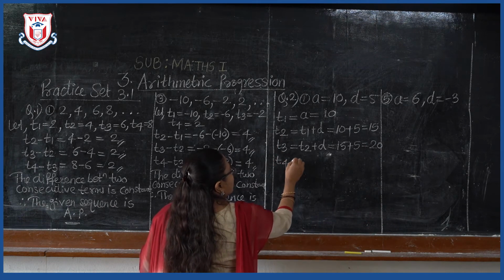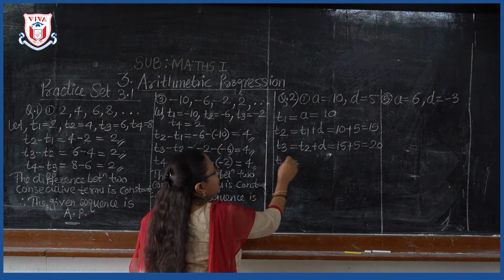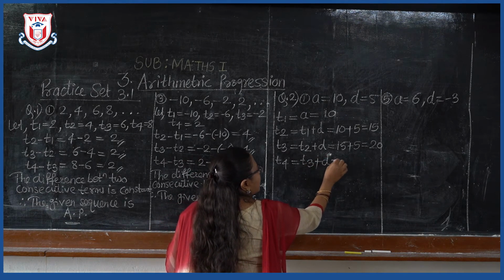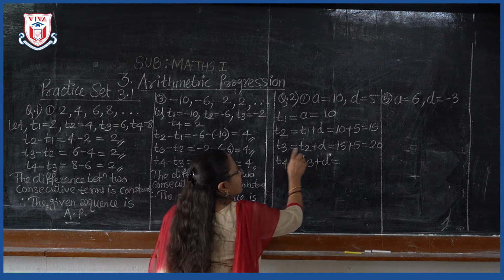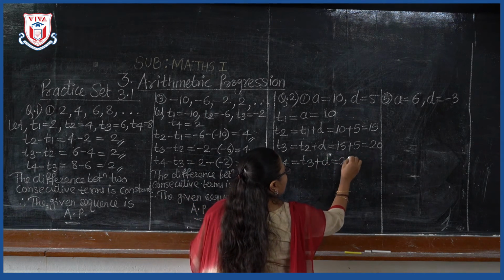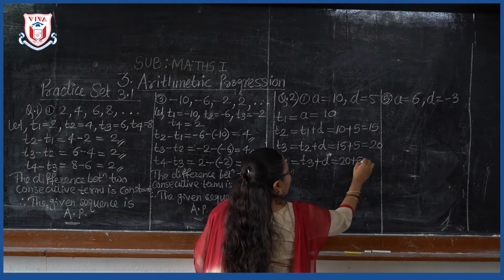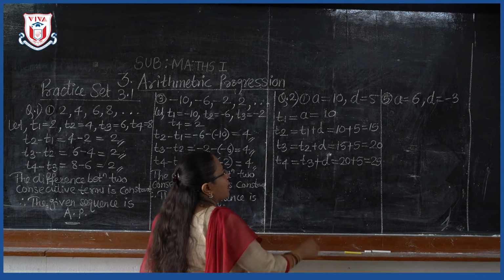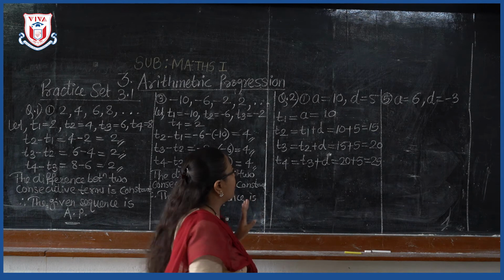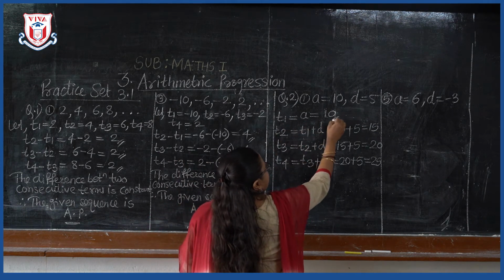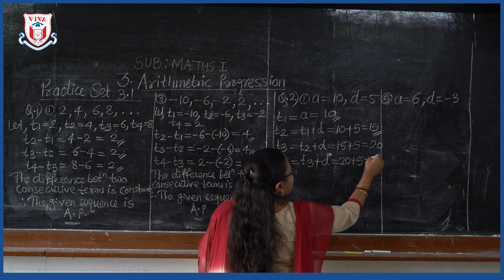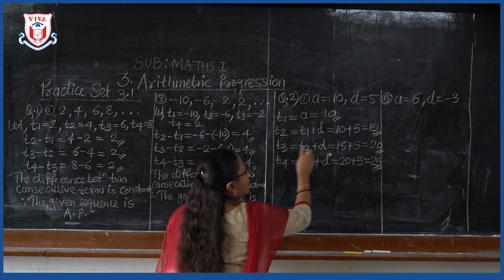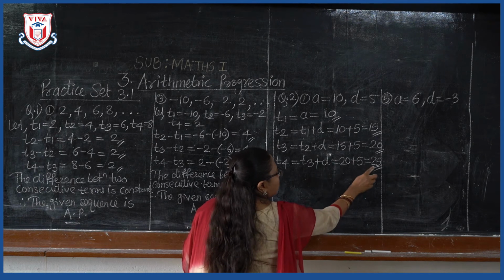Then T4. Previous term is T3. We have to add common difference D. T3 is 20 plus 5 is equal to 25. So here minimum 4 terms are sufficient. First term is 10, second term 15, third term 20 and fourth term 25.